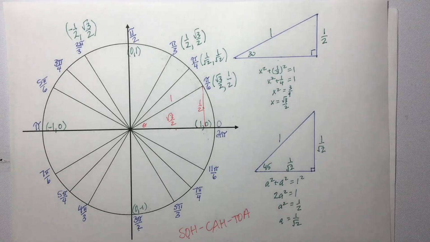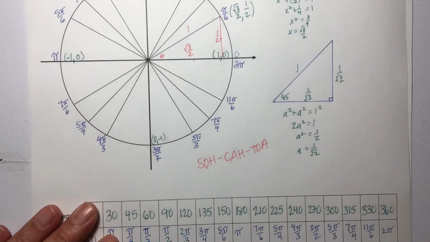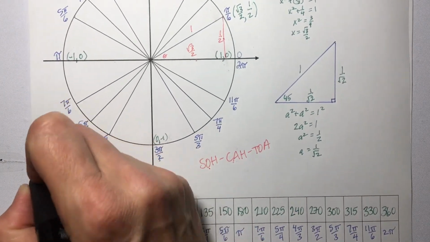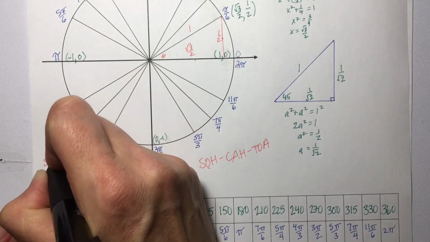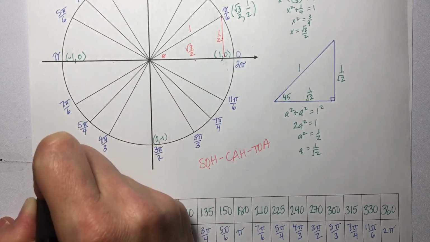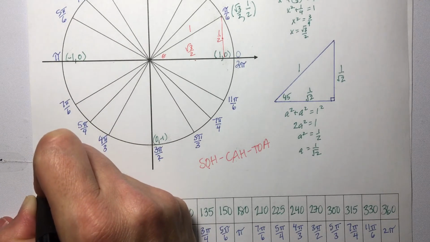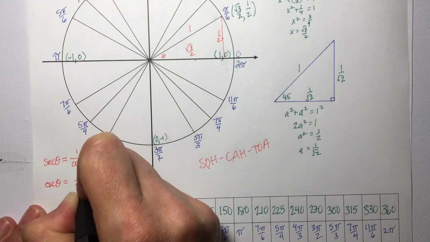Finally, the last bit of it is remembering like, oh, secant, cosecant, cotangent, what goes with what. There is a very handy mnemonic that I have. So hopefully we know that secant of an angle is 1 over cosine, and cosecant of an angle is 1 over sine.